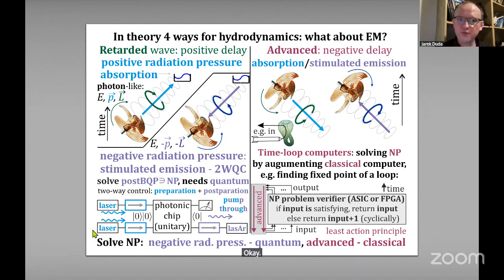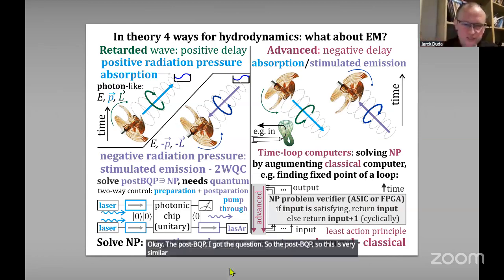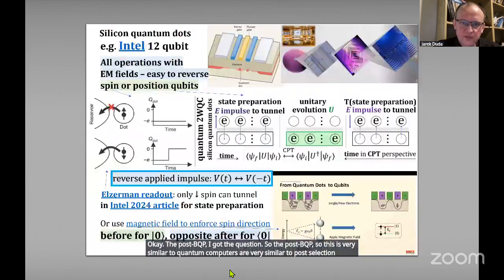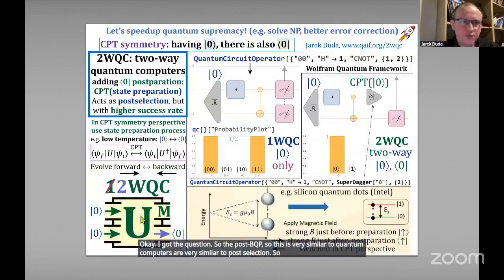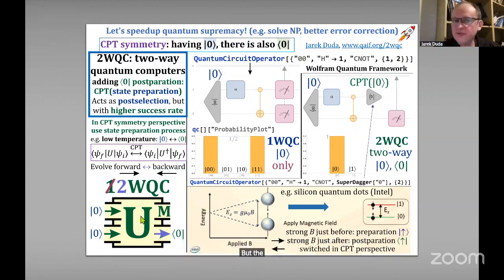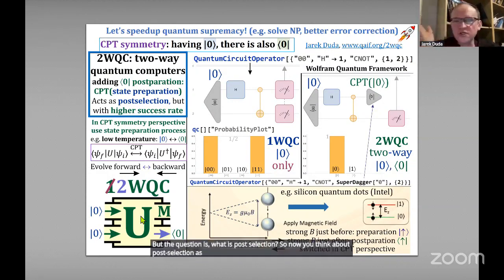So post-BQP, this is very similar to post-selection. Two-way quantum computers are very similar to post-selection. But the question is, what is post-selection? Now you think about post-selection as just measuring and discarding all irrelevant outcomes. However, here I'm thinking about physically enforcing the final state.